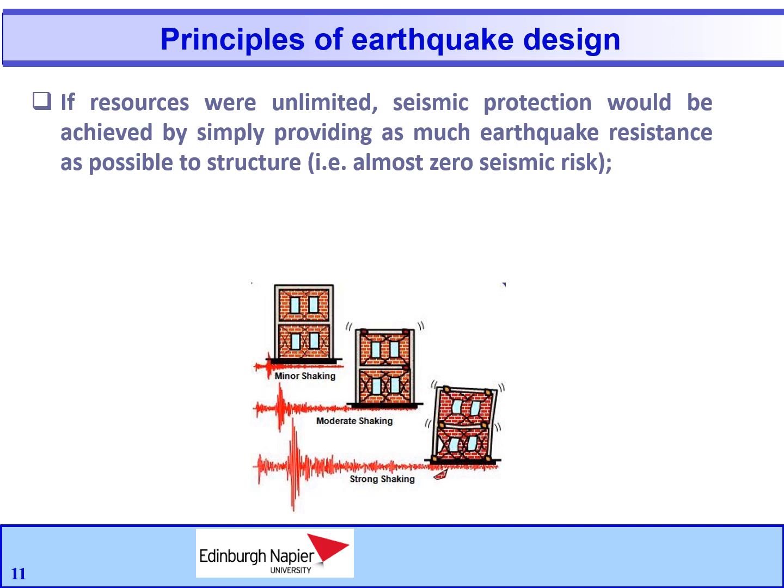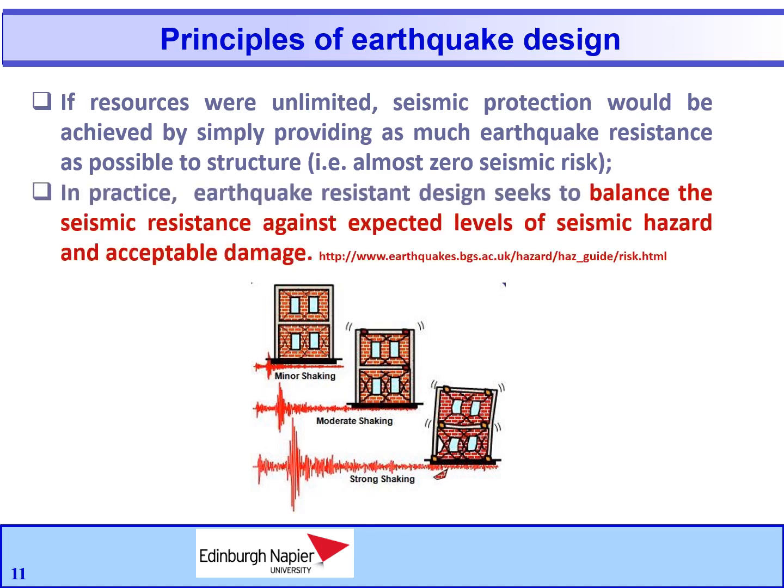So if resources were unlimited, seismic protection would be achieved by simply providing as much earthquake resistance as possible to a structure, almost limiting the seismic risk. But this is not the case.